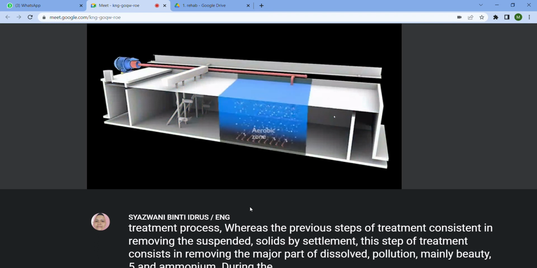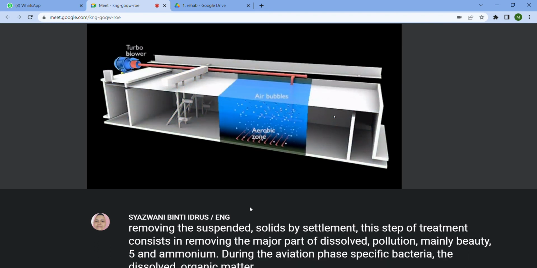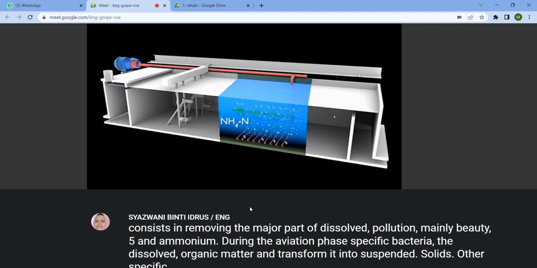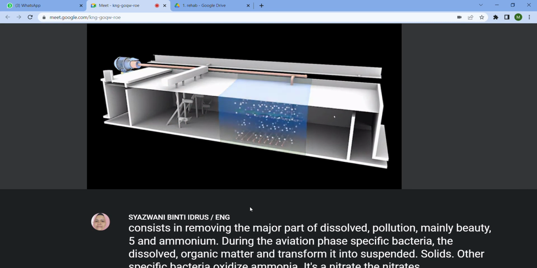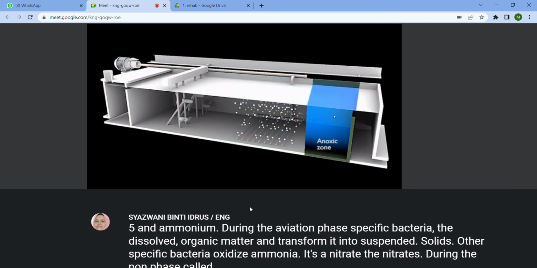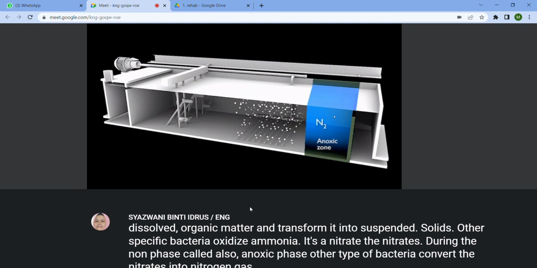During the aeration phase, specific bacteria eat the dissolved organic matter and transform it into suspended solids. Other specific bacteria oxidize the ammonia into nitrites, then nitrates. During the non-aeration phase, also called the anoxic phase, another type of bacteria converts the nitrates into nitrogen gas, which is released into the atmosphere.